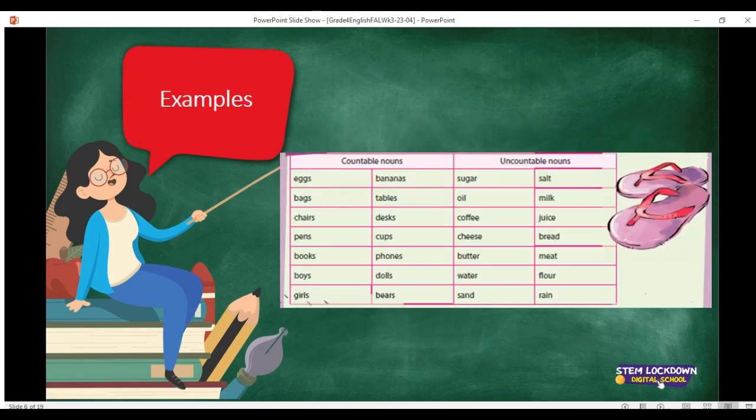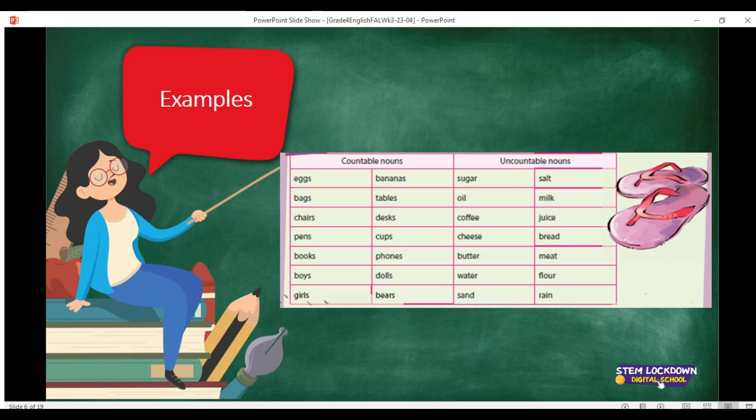So let's have a look at a few examples. You'll see on the left hand side, we've got countable nouns, and on the right hand side, we've got uncountable nouns. The countable nouns you can see are all in the plural form because all my countable nouns end in an S. So it's telling me it's more than one.